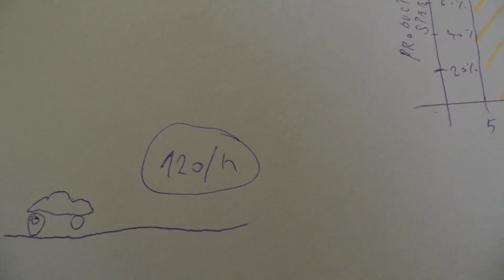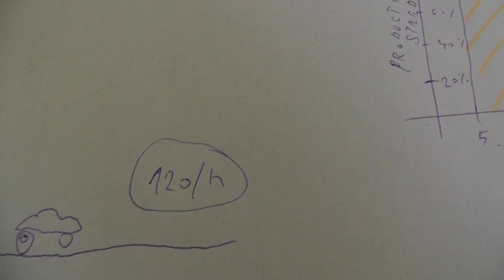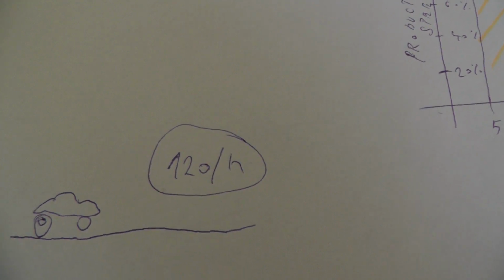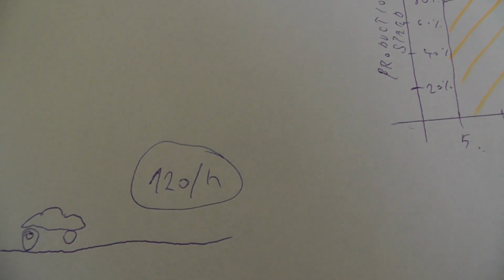So if you want to stop the car, ramp down is again longer. This is the best example for explanation of this reason of speed losses.